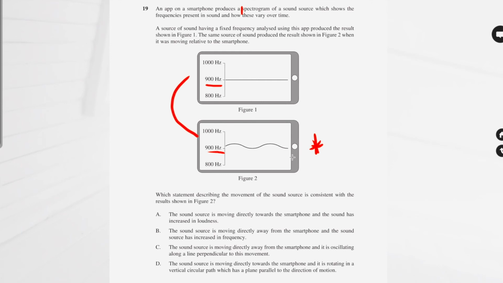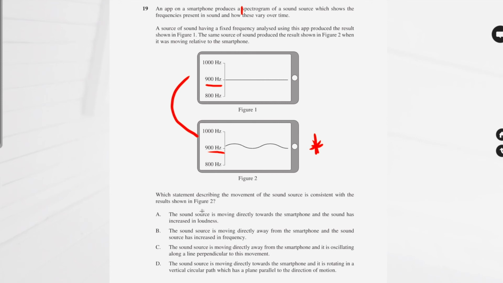And so what we need to do is have a look at which statement describes the movement of sound, which of these is consistent with the results shown in figure 2. Essentially what we are doing in this question is relating back to the Doppler effect. Again, this might be a question that students doing physics are going to have a slight advantage in.